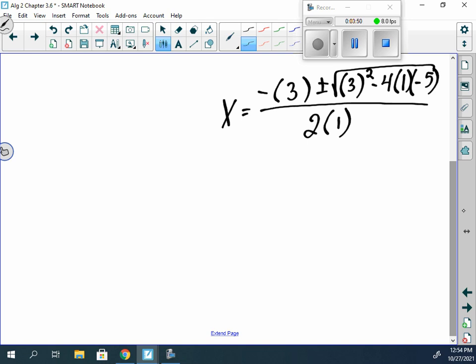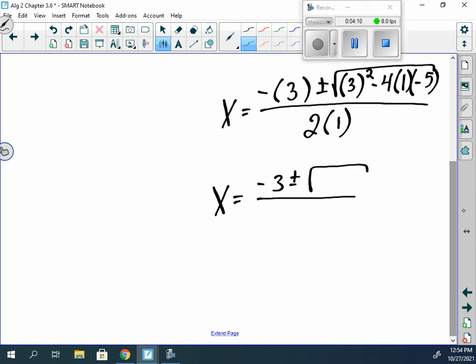So what have we done so far? We've just plugged in the values of a, b, and c, yes? Simplify. Well, the first thing we have is negative parentheses 3, close parentheses. Well, what would that be? Just negative 3, yes? Plus or minus.